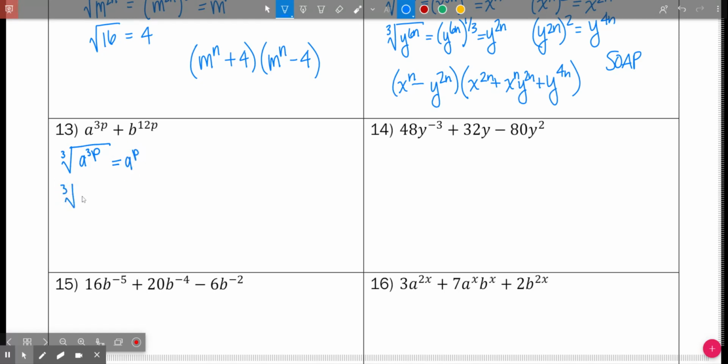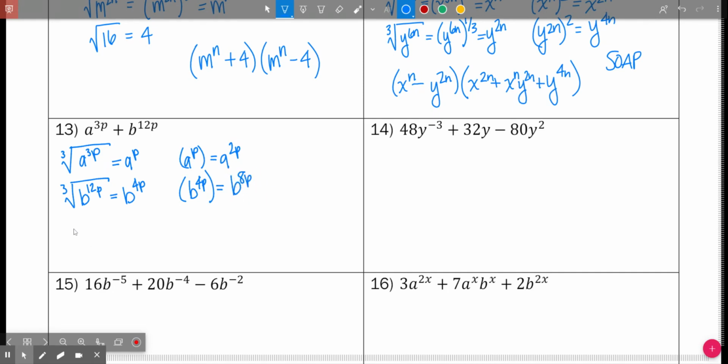And the cube root of b to the 12p power is b to the 4p power. When I square a to the p, that's going to give me a to the 2p power. When I square b to the 4p, that's going to give me b to the 8p power.